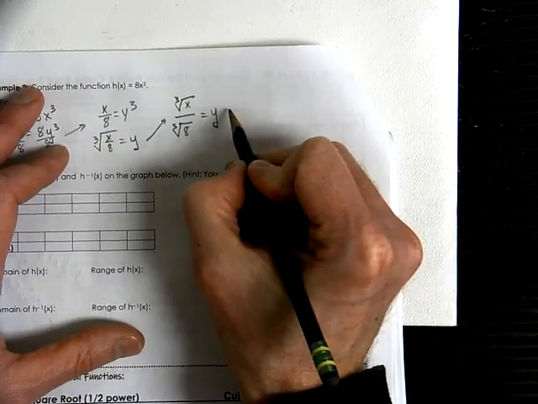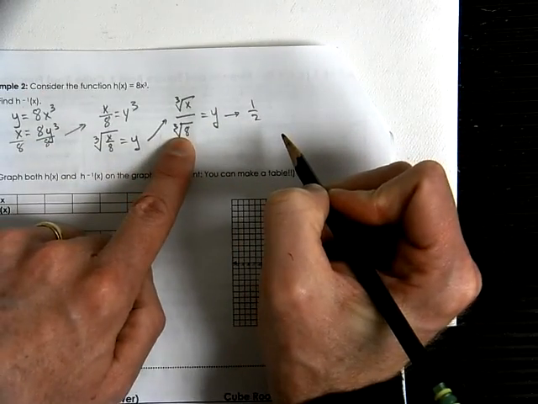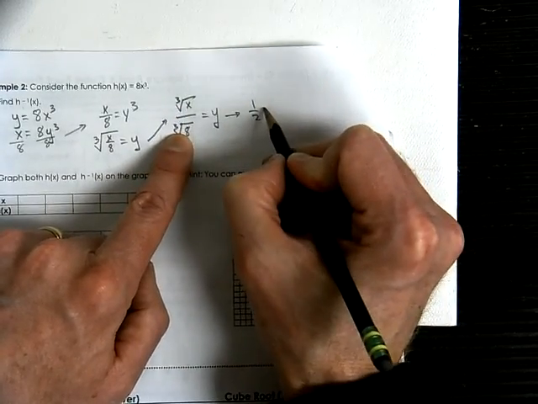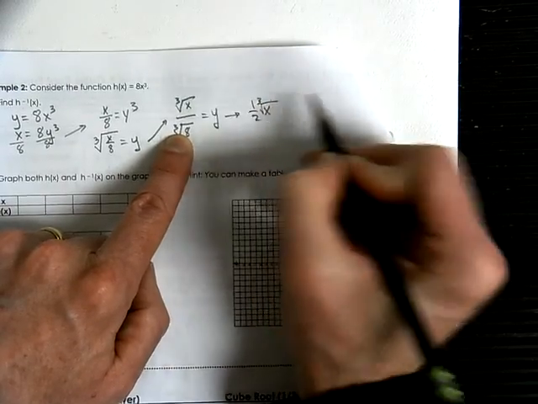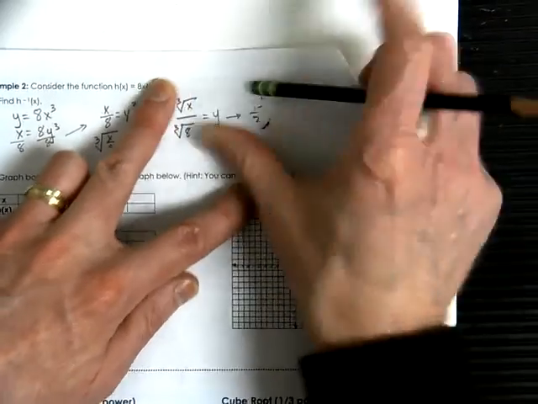So this is really half, because the cube root of 8 is 2. 2's in the denominator. It's half of the cube root of x. Let's see. Let's put that on top. I'm going to change that up.